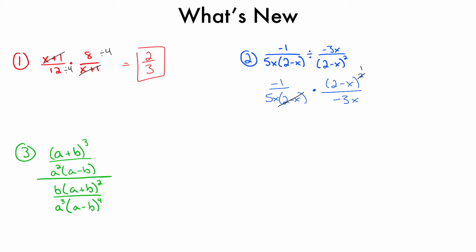A negative divided by a negative is like saying a negative times a negative. Those would both turn positive. So what we're left with is the answer of 2 minus x, if you want to put in parentheses, it's fine, over 5x times 3x, which is 15x squared.